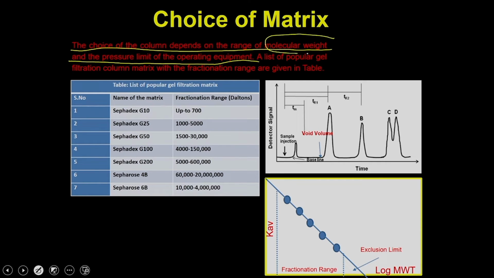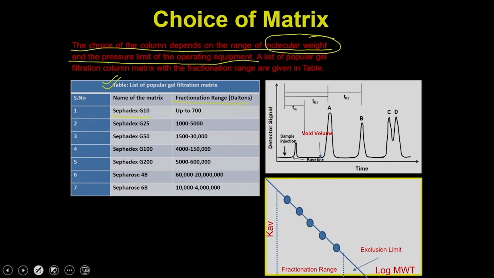One is the molecular weight range in which you are interested to perform gel filtration chromatography, and then what kind of pressure limit or what kind of operating chromatography system you have in your laboratory. So, some of the popular gel matrices available are Sephadex G10.